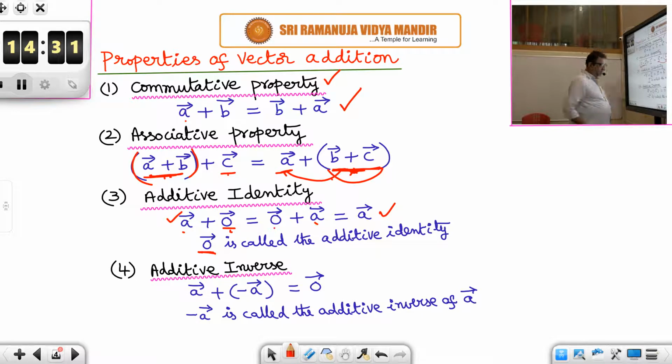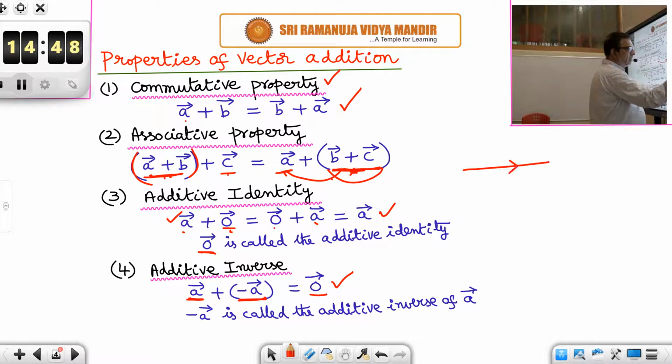Next, additive inverse. A bar plus minus A bar is equal to 0 bar. 0 bar is the additive identity. To any vector, if you add the negative of the vector, minus A bar, which is already defined. Suppose this is vector A bar, then what is the negative vector?